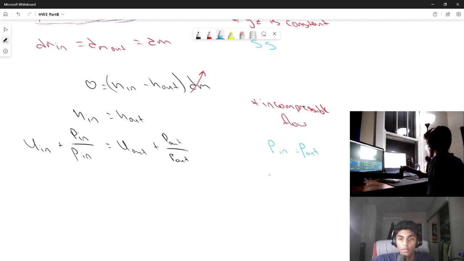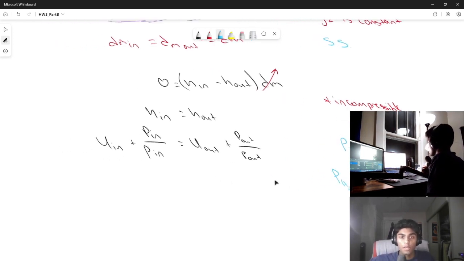And the density in question here is of water, which we know to be 1,000 kilograms per meter cubed. So using that, we can go ahead and try to get our internal energies on one side.